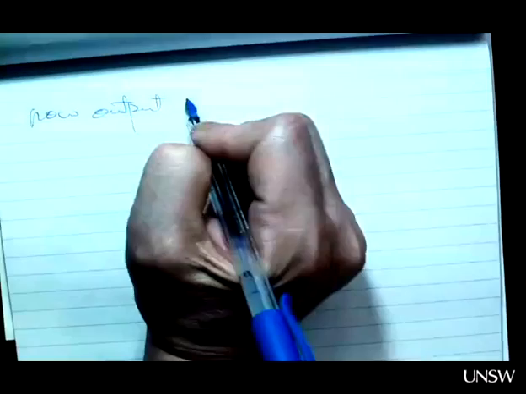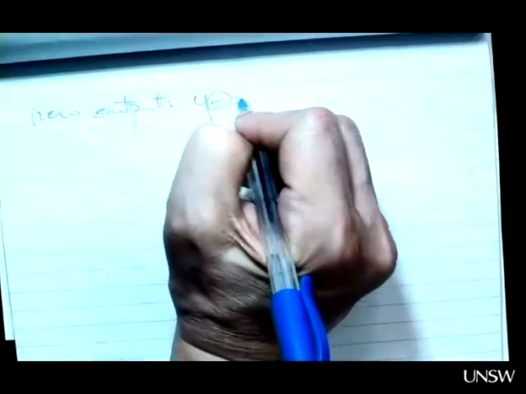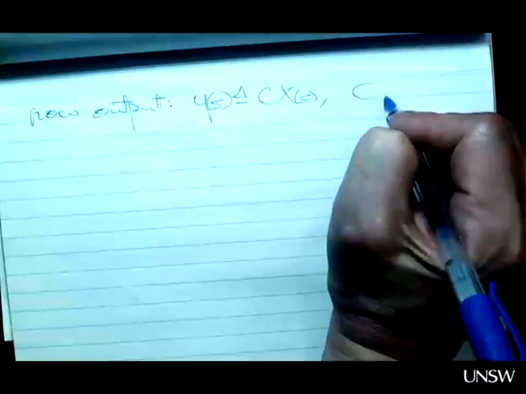Now we also look at the output. We define Y(s) equals C X(s), where C is a matrix.